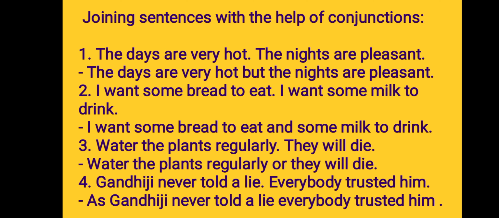Now, we can join this type of sentences with the help of because, as, since, right? So here we have used as: as Gandhiji never told a lie, everybody trusted him. You can also use because. You can write like this: everybody trusted Gandhiji because he never told a lie.